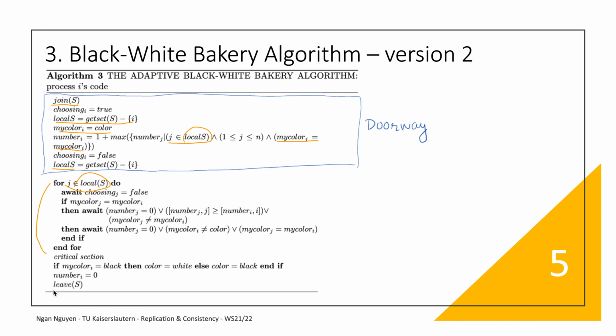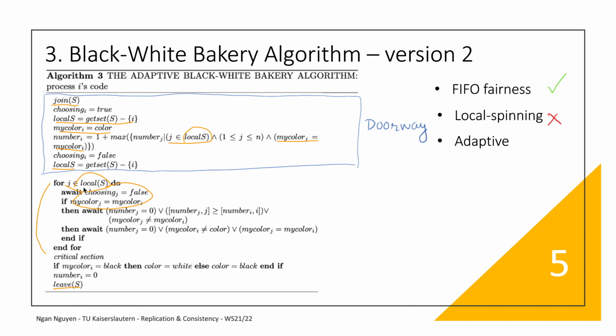After exiting the critical section, we remove i from the active set S, and we can see that this version of the black-white algorithm satisfies first in first out fairness, but it doesn't satisfy local spinning because, just like the previous version, the spinning on these variables is also in the shared memory.